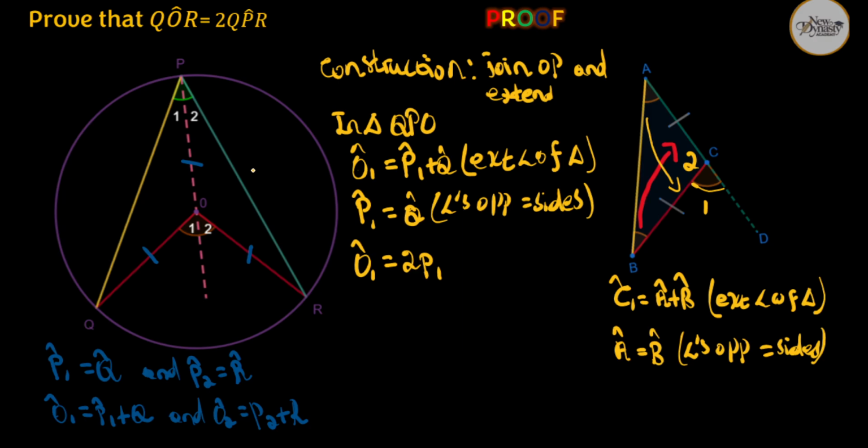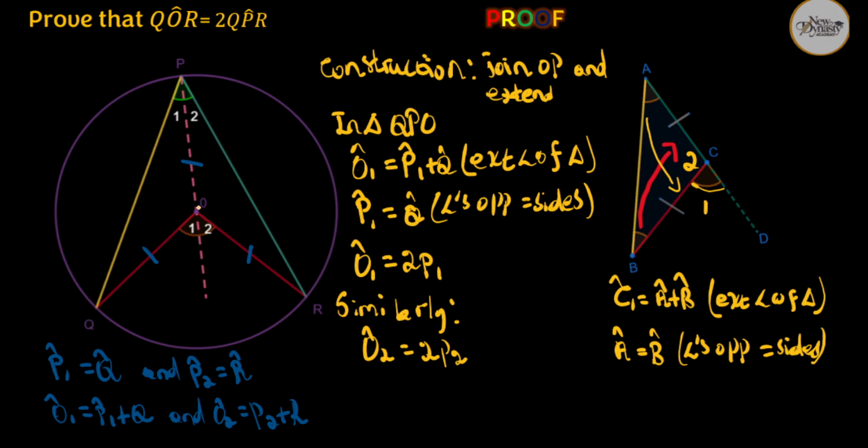Because these two triangles are the same, we can say that similarly, we can prove that O2 in that other triangle is going to be equal to 2P2. But remember what we are required to prove. We are required to prove that QOR is equal to 2QPR.